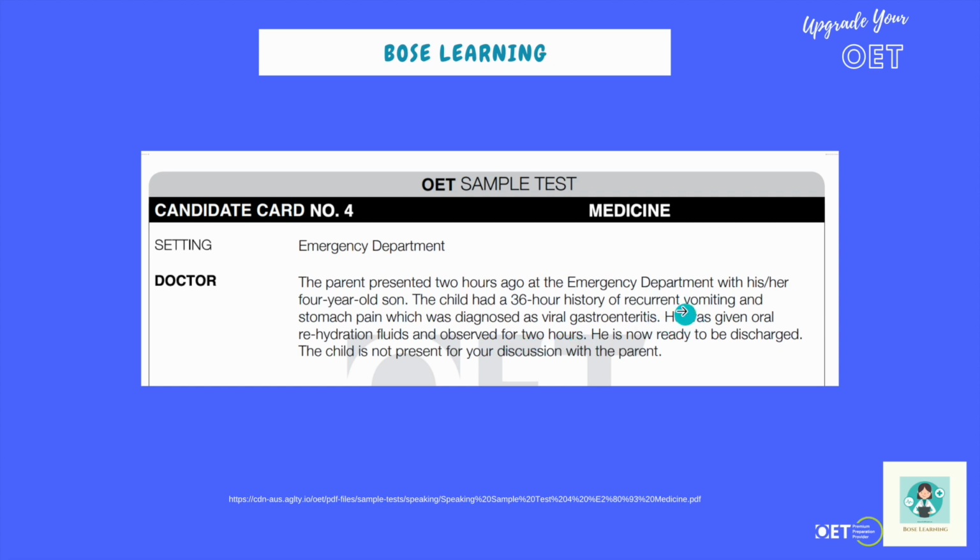So we know that it's a boy. The child was given oral rehydration fluids and observed for 2 hours. The little boy is now ready to be discharged, and the child is not present for your discussion with the parent. You'll never be talking to a child or a baby, something like that. It will always just be the parent or the carer alone.